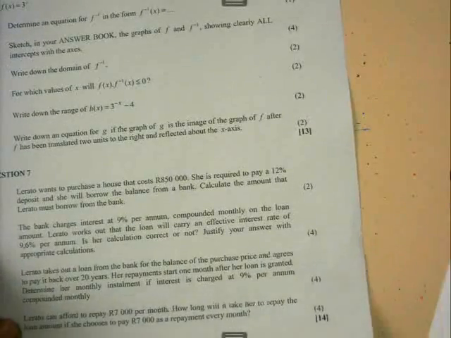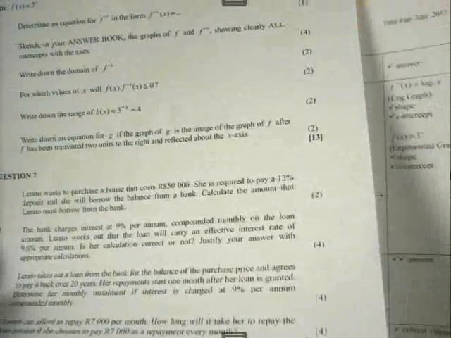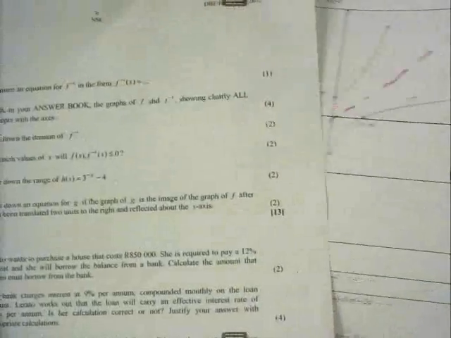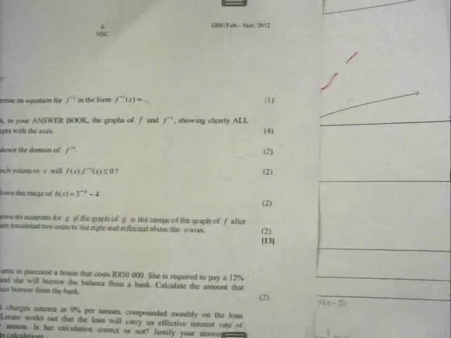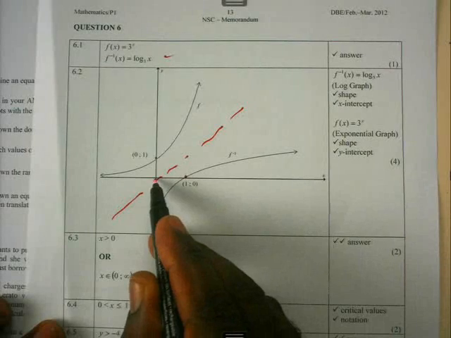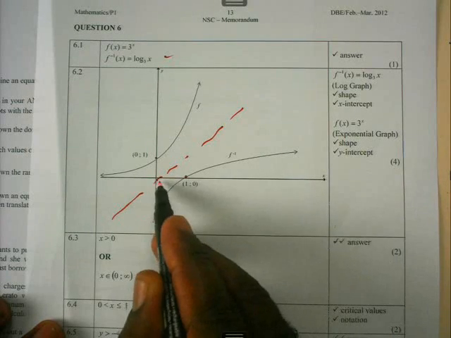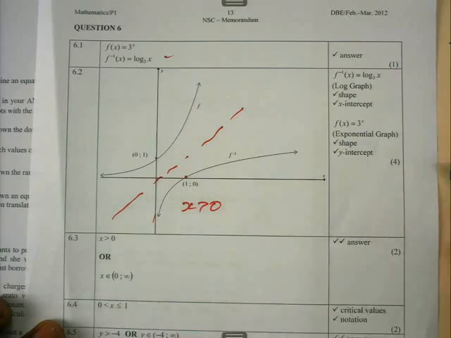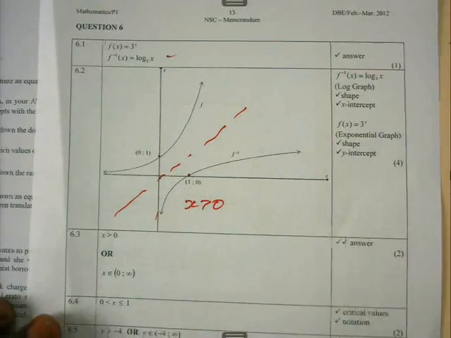The next question talks about the domain of the inverse. It says write down the domain of the inverse. The domain will be x greater than 0, and it excludes 0 because at 0 we have the asymptote. So x will be greater than 0.